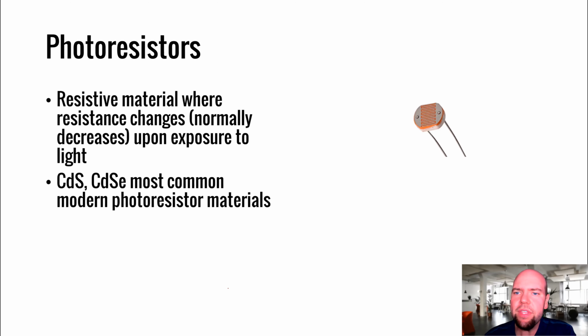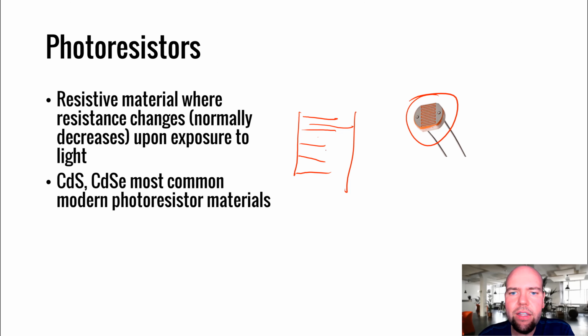But one thing to know, if you zoom in on these things, they look kind of like this. These are often called interdigitated fingers. They're a way to get an effectively very long contact area in a small space.